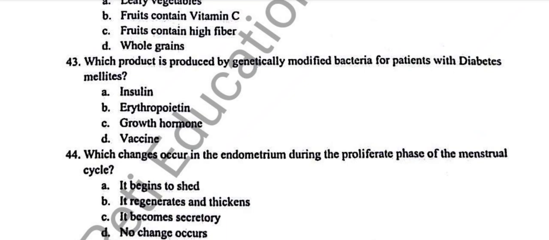Recombinant human insulin is produced using genetically engineered bacteria such as E. coli. Erythropoietin is mainly produced in mammalian cell culture, growth hormone is recombinant but not for diabetes, vaccine is not the intended answer.